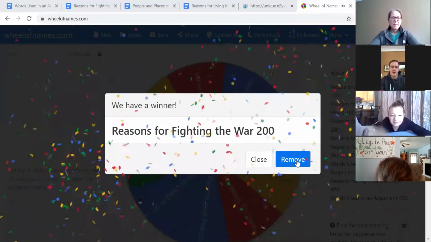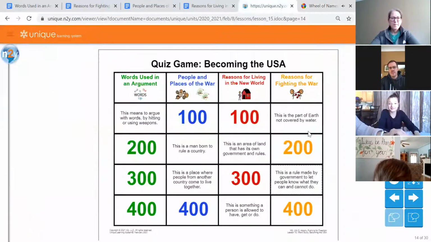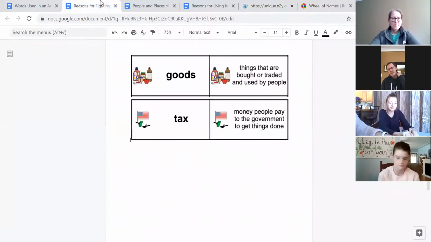Reasons for fighting the war, 200 points. These are things that are bought and traded and used by people. Well, we were just talking about this in our last question, and our two choices are tax and goods. If you look at the tax, it looks like one person giving another person money.